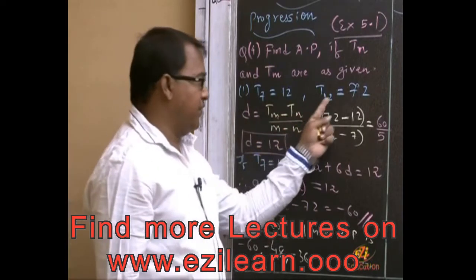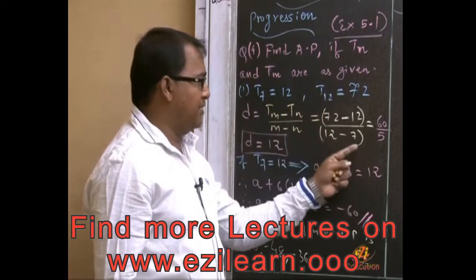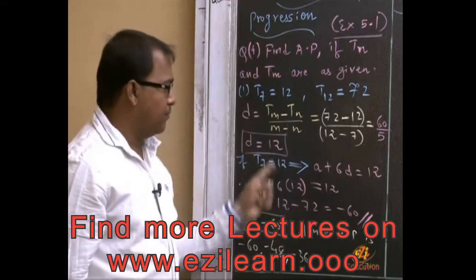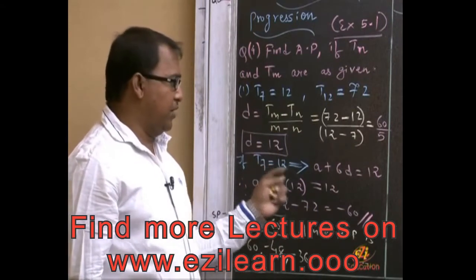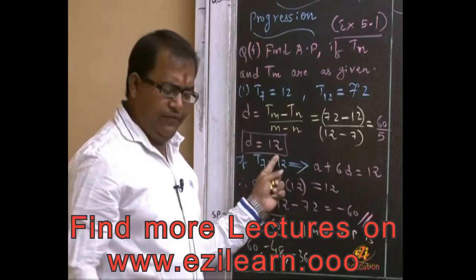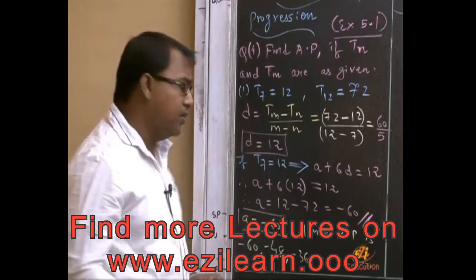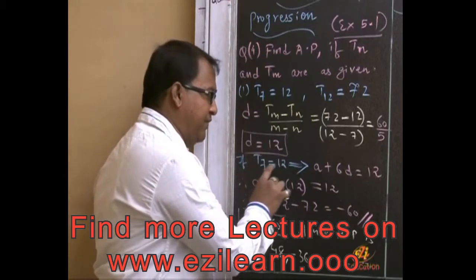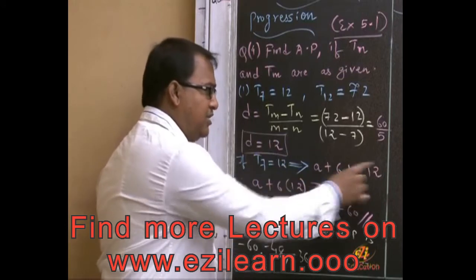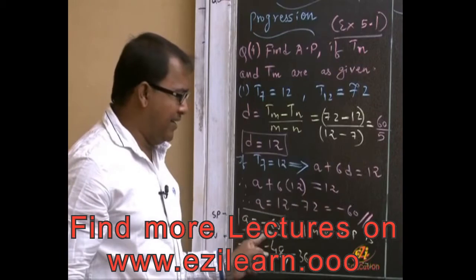Here Tm is 72, Tn is 12, so 72 minus 12 upon 12 minus 7, that is 60 upon 5. So D is 12. D is the foundation stone for us to proceed further. Having D as 12 leads us to T7 is 12, A plus 6D is 12, A plus 6 into 12 equals 12, giving us A as minus 60.